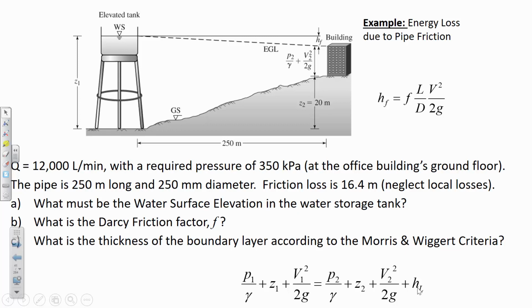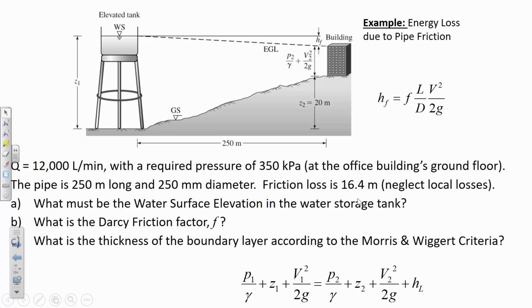So in other words, in this example, we're going to assume that all of the head losses are due to pipe friction. So H sub L is H sub F. We'll neglect the minor losses in this case, and the problem statement tells us that they are altogether 16.4 meters.